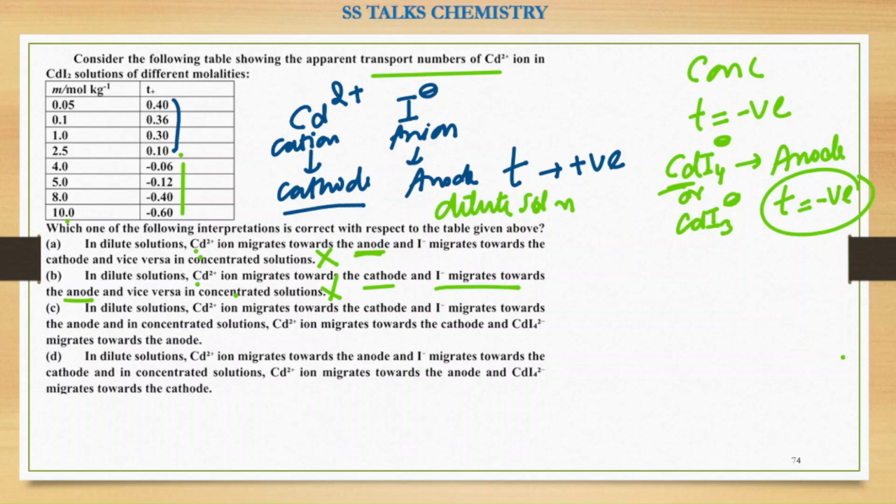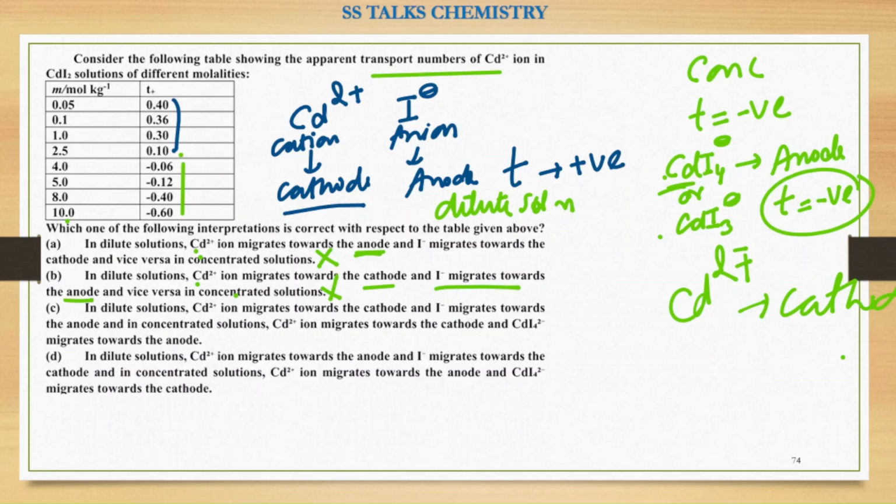That means these are additional ions present in the concentrated solution, which go towards the anodic end. But the Cd2+ are still going towards the cathodic end only, just that these new ions have been formed and the overall transport number that we get is the negative one. So this statement again becomes incorrect.